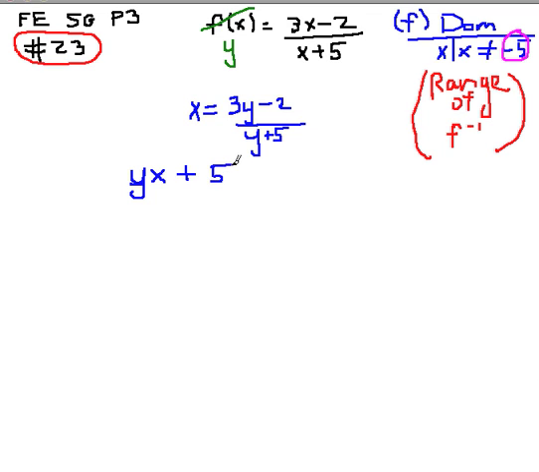I'm just desperate because I don't want to keep writing things with my mouse. So we multiply both sides by y plus 5 and distribute the x through, and now we have terms that have x's in them and terms that have y's in them. We want to bring all the terms that have y's in them to the left side, and move all the other terms to the right side.